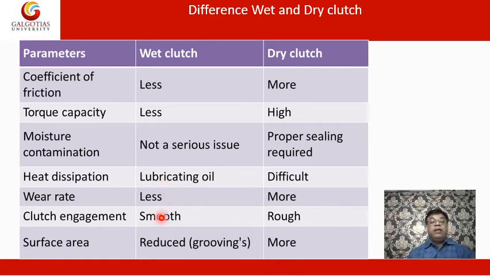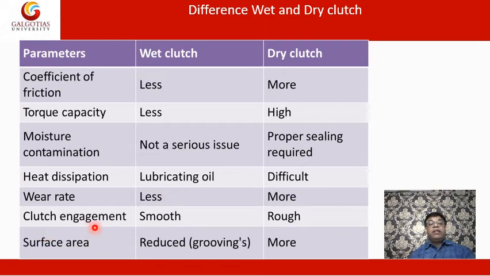So the wear rate is only 1% of what you expect in the dry clutch. Suppose here it is 10 units, so here it will be only 1 unit.